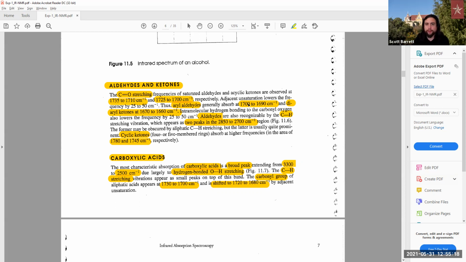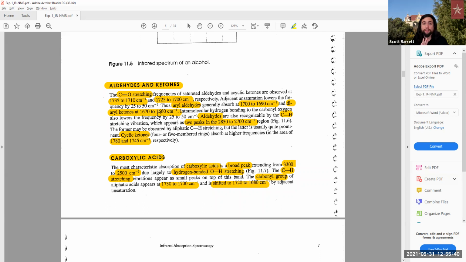to separate them. But for instance, aryl aldehyde would be 1700 to 1690, and diaryl ketones would be all the way down to 1670, 1660. So you can actually take these apart and know the differences if you know the substituents attached to your carbonyls.